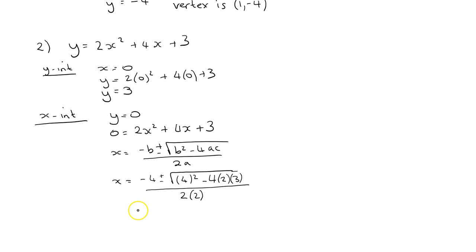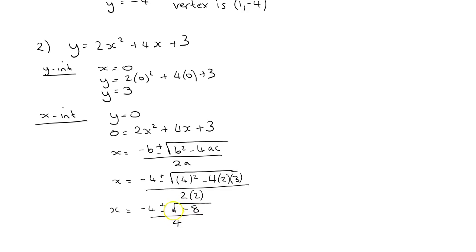Now if we continue to work this out, this gives us a value of minus 4 plus or minus the square root of. Now, we've got 4 squared is 16, minus 4 times 2 is 8, times 3 is 24. So we've got 16 minus 24, which is minus 8, all divided by 4.